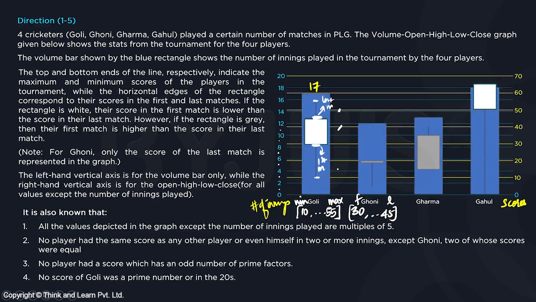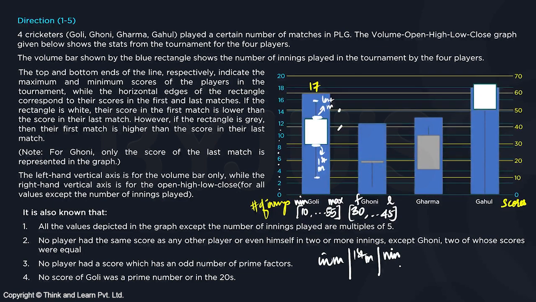In a table, we will make the first column the player name, the second column the number of innings played, the third one the score in the first match. The next column is the highest score, then the lowest score, and then the score in the last match. So that will help us find out the sequence, right? So innings played, then the first match score, then the minimum score.